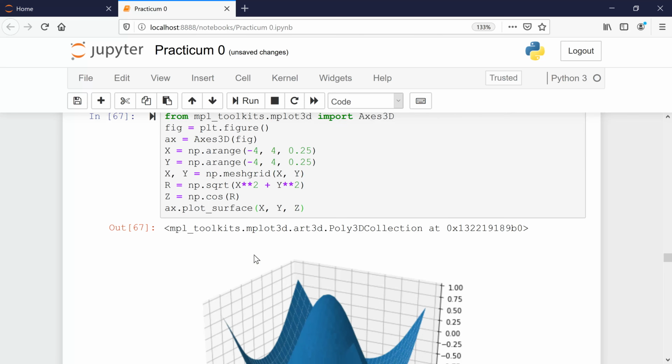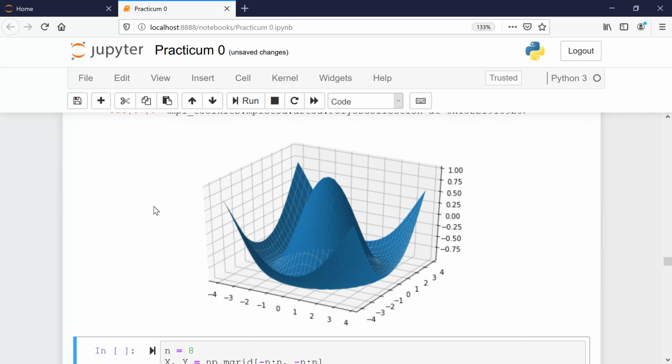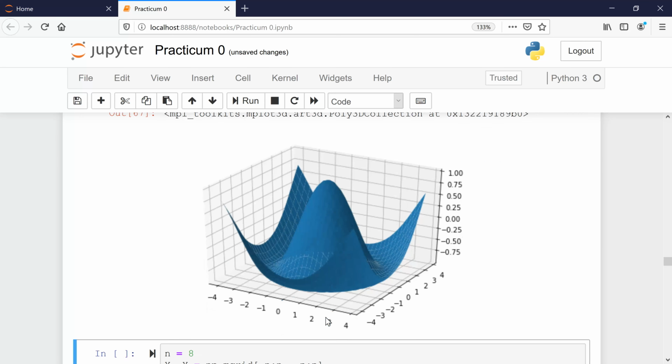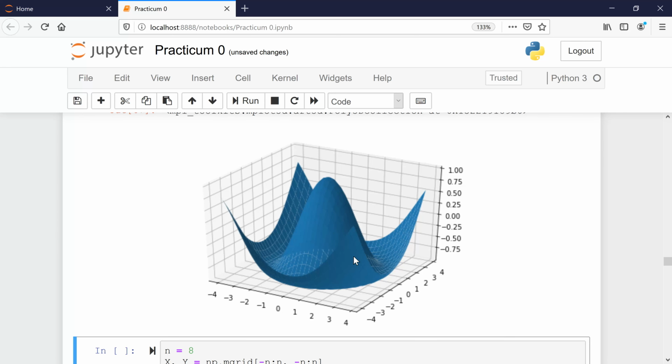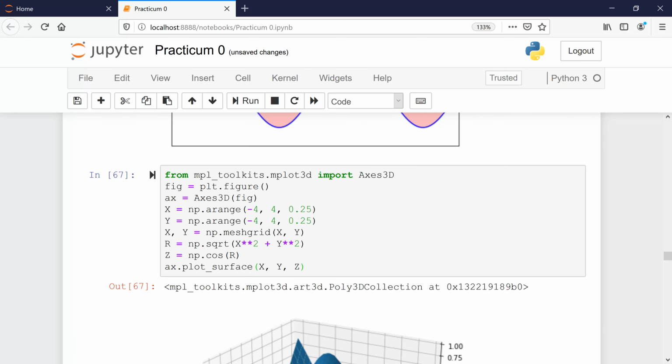In three-dimensional plotting, it's approximately the same, but instead of a vector against a vector, you have a mesh grid against another mesh grid. You apply the function to each point in the grid, and then you get a surface. It's just syntax.